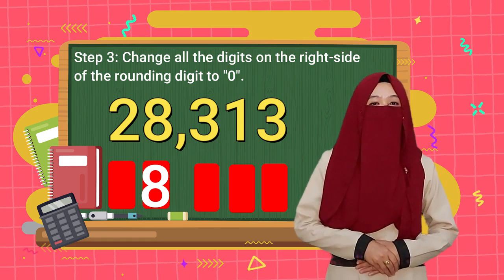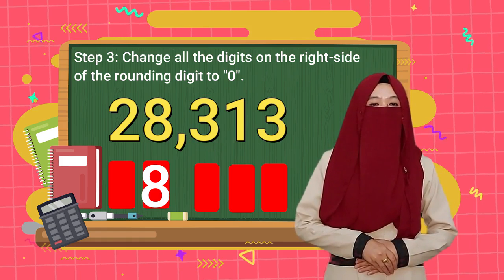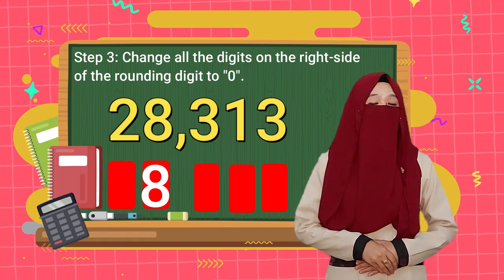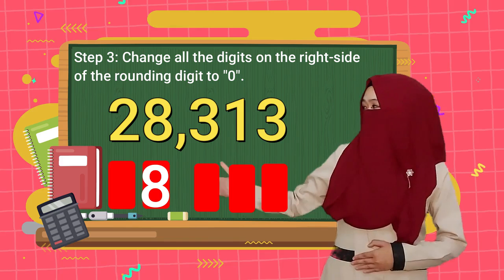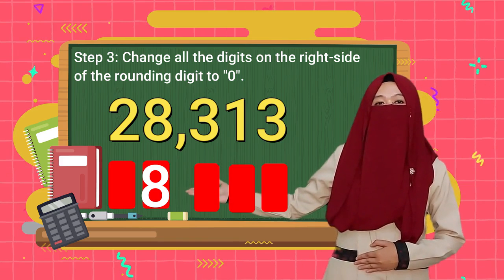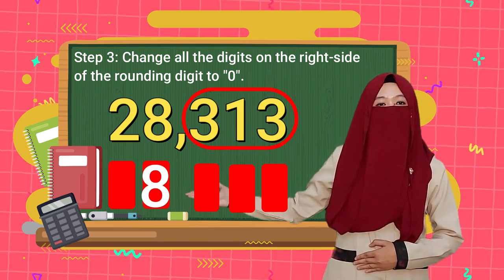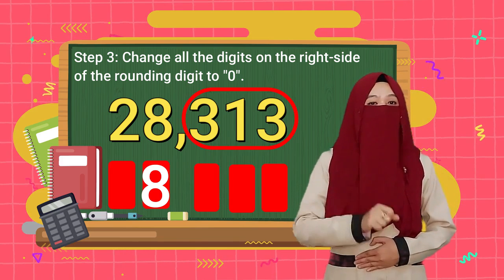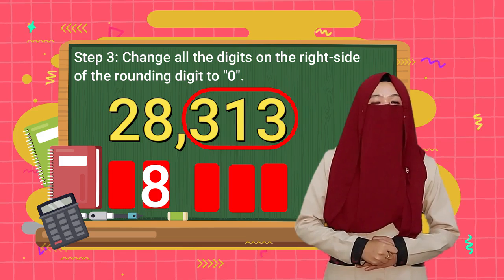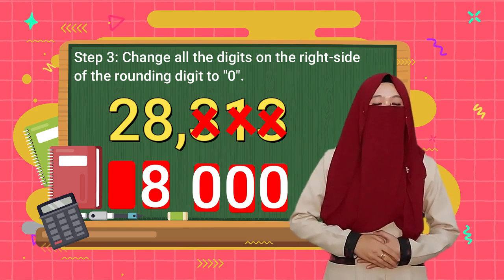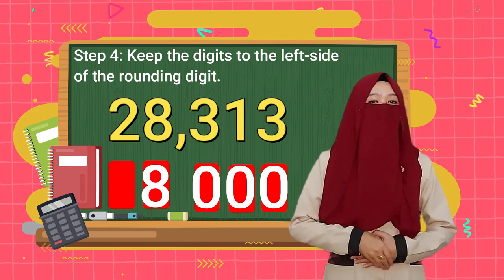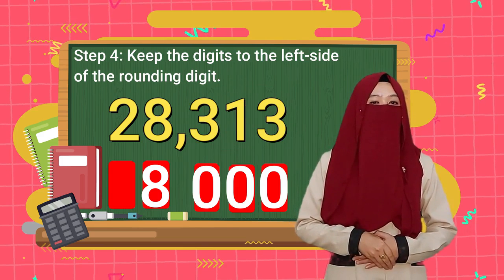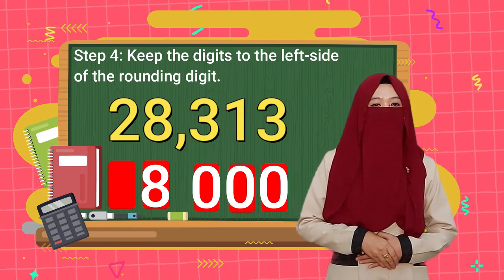Next, change all the digits on the right side of the rounding digit to 0. In this case, we have 3 digits to the right side of the rounding digit. Therefore, we replace them with 3 zeros. Lastly, check if there is a number on the left side of the rounding digit.